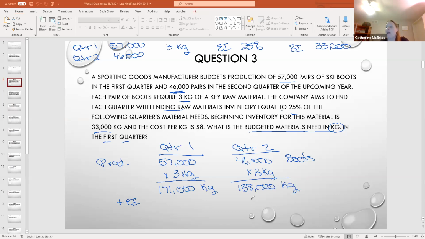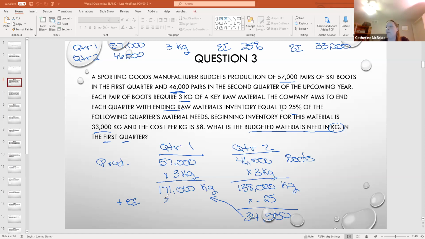We want 25% of it to be in ending inventory. So we want 34,500 in ending inventory. So in quarter one, we need 171,000 kilograms just to make the 57,000 pairs that we're going to sell.